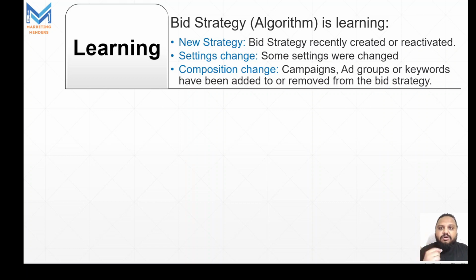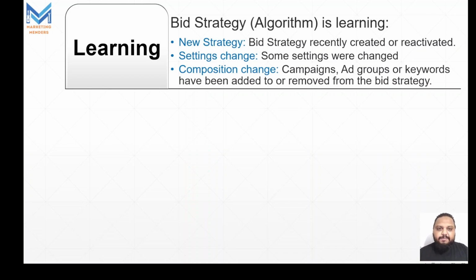So what does this algorithm try to learn, if it is a new strategy altogether? Let me give you an example. My objective is that I want to get traffic on my website. How can I get website traffic? When somebody clicks on my ad. So ideally, my bid strategy should be CPC, which is cost per click.